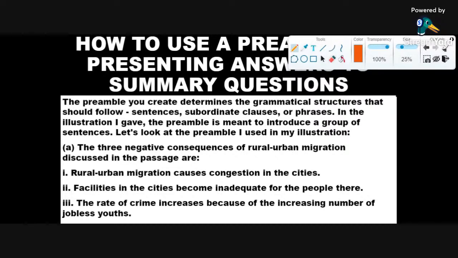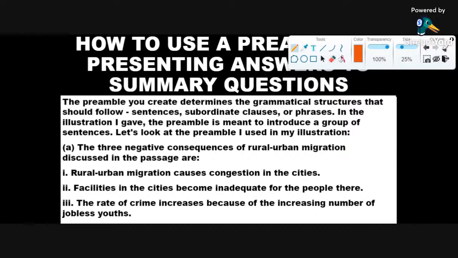If you are expressing a complete idea, you need a sentence, not a phrase, not even a subordinate clause. Okay, so that is exactly what I want you to understand. When you want to create a preamble, you need to know the type of preamble you create.